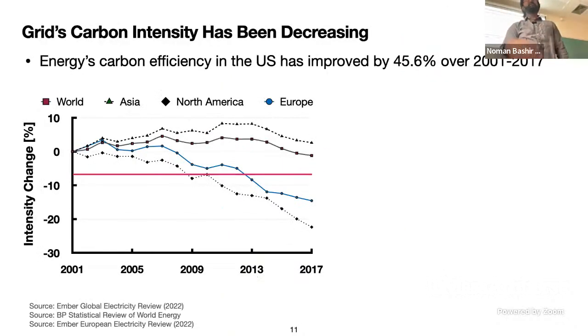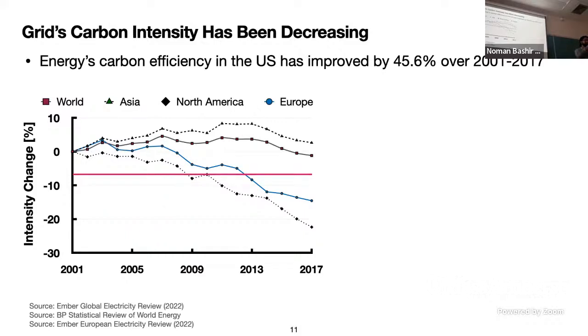Okay, so let's look at the grid's carbon intensity. What have the trends been over the years? Here you have time on the x-axis, and intensity change on the y-axis, from 2001. If you look at the world overall, the carbon intensity of the grid, again to define it, carbon intensity is basically how much carbon you emit per unit of energy.